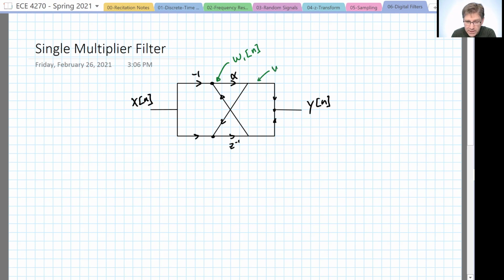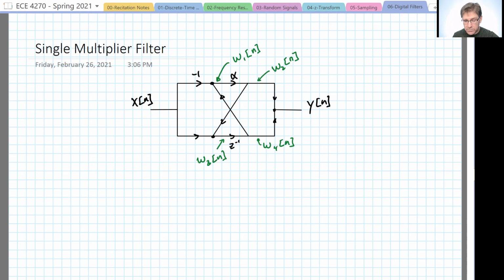This isn't actually following a summing node. It's just going to be alpha times W1, as we'll see. Here we'll have W4 of n. And right here, after that summing node, we'll have W3 of n.